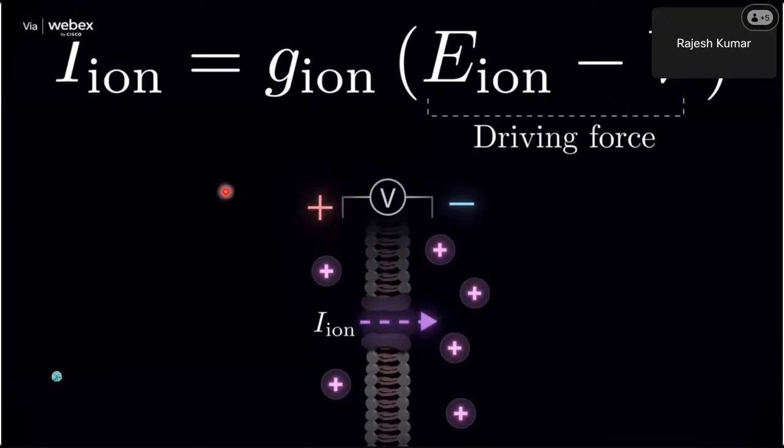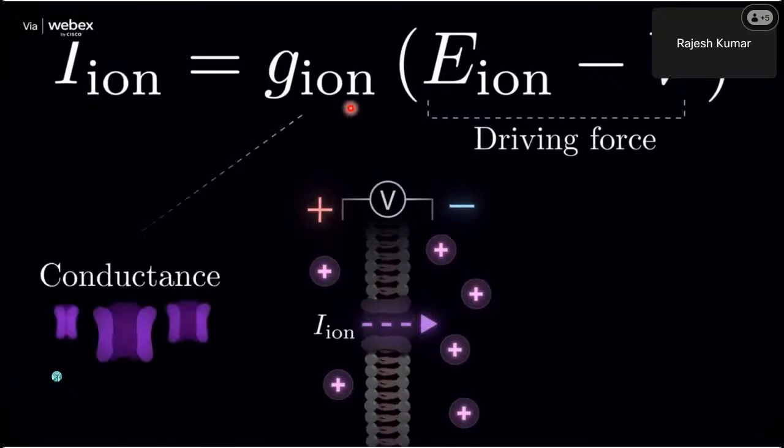So mathematically we can write it: the current is proportional to this difference, multiplied by a coefficient. So the current is equal to G, where G is a coefficient, times the difference between the two potentials. G is analogous to a conductance.